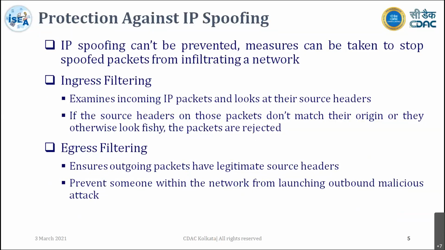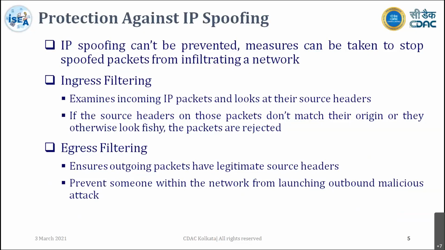Now, ingress filtering is basically a form of packet filtering usually implemented on a network edge device, which examines the incoming IP packets and looks at their source headers. If the source headers on those packets don't match their origin or they otherwise look suspicious or fishy, those packets are rejected.